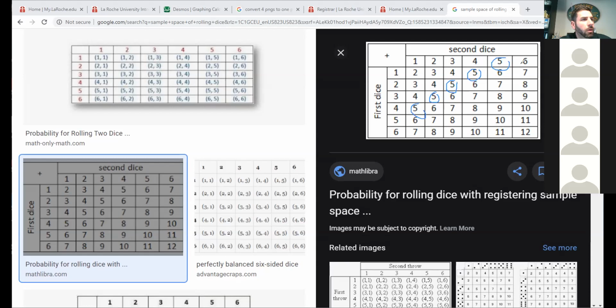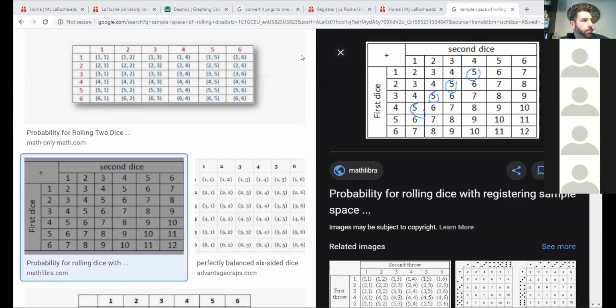The way I get a 5 is 4 ways. I get it if I have a 4 and a 1, and a 1 and a 4. I get it if I have a 3 and a 2 and a 2 and a 3. So that means 4 out of the 36 outcomes are going to be 5s.